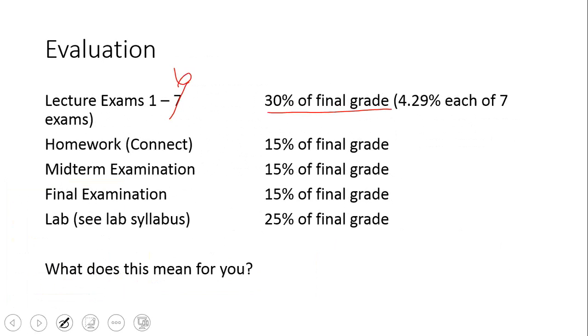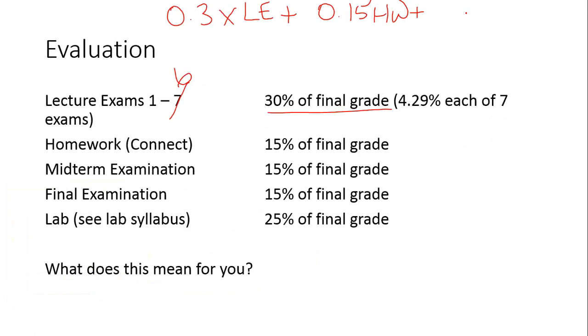Basically, I take 30%, 0.3 times the average of your lecture exams, plus 0.15 times the average of your homework score, whatever that may be, hopefully it's 100, plus 0.15 times your midterm, plus 0.15 times your final.